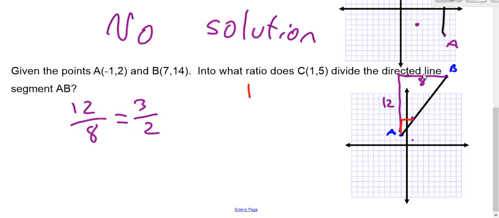And then to get from C to B, you go up 3 over 2, up 3 over 2, and then up 3 over 2, 3 times. So the ratio is 1 to 3.